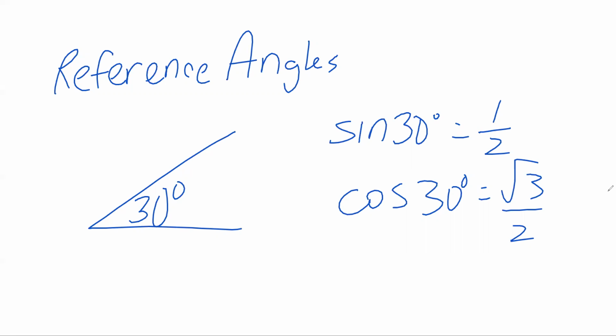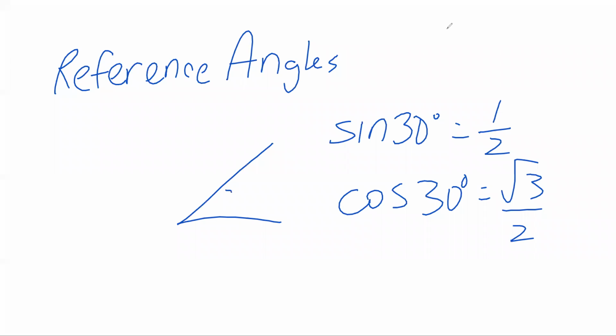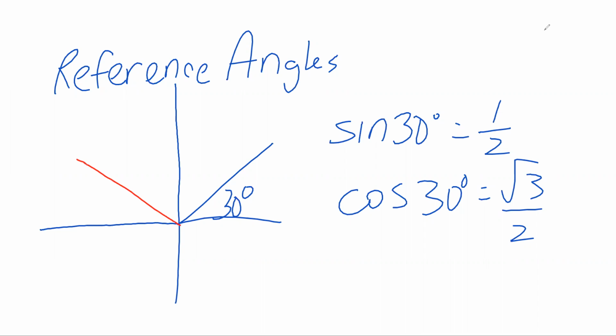But what's going to happen in today's lesson is you're going to run into situations where, let me just draw this again, you're going to be on a coordinate plane and you're going to find out that there is an angle out here that has very similar ratios.